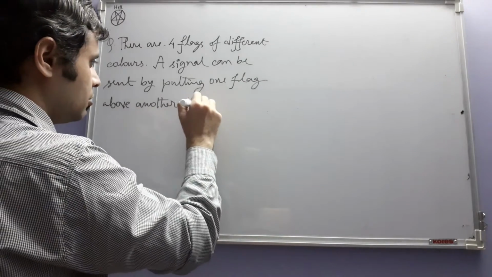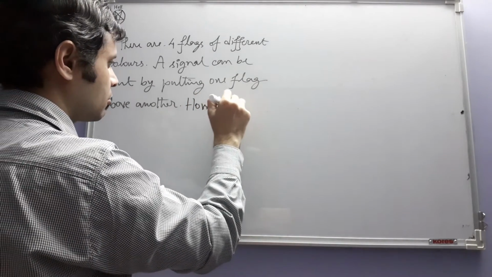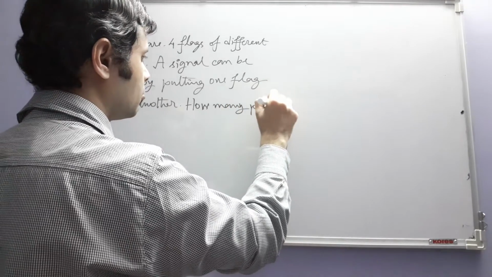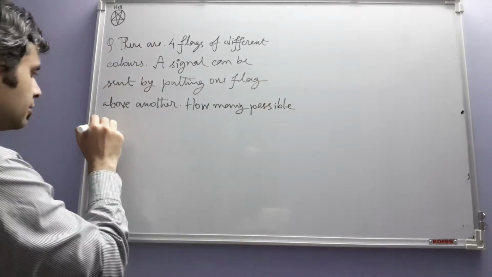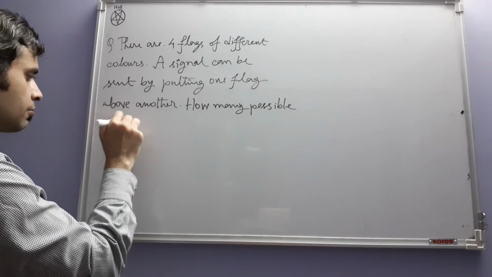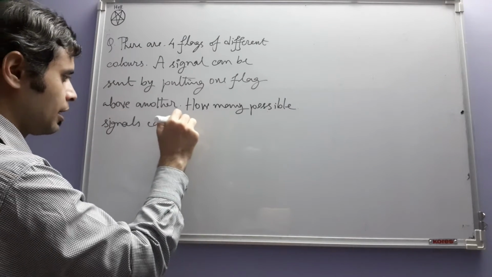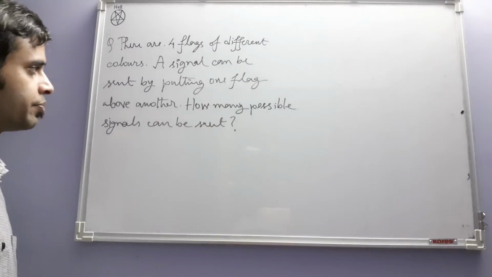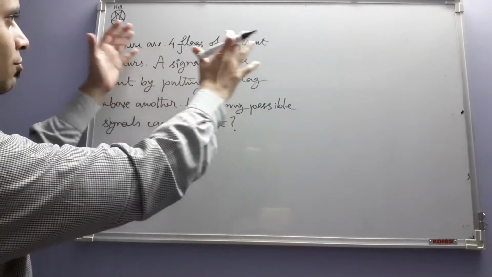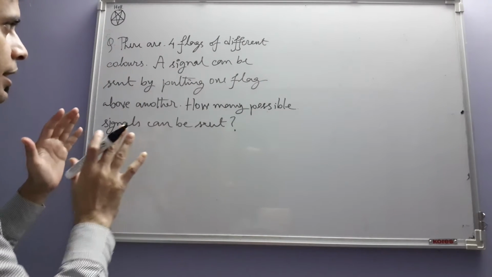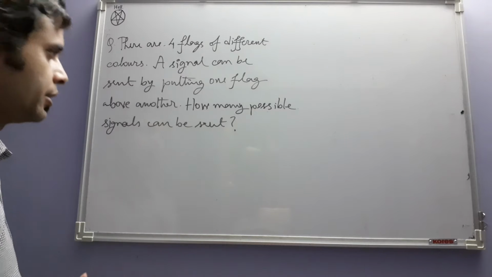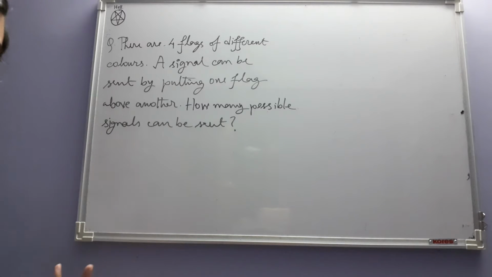So how many possible signals can be sent? Okay. So we have 4 flags of different colors. A signal can be sent by putting one flag above another. How many possible signals can be sent?